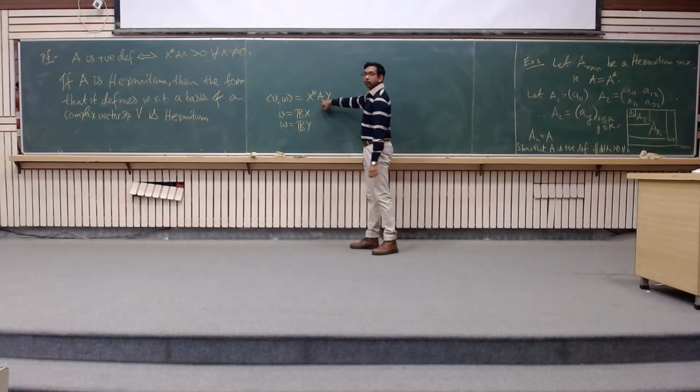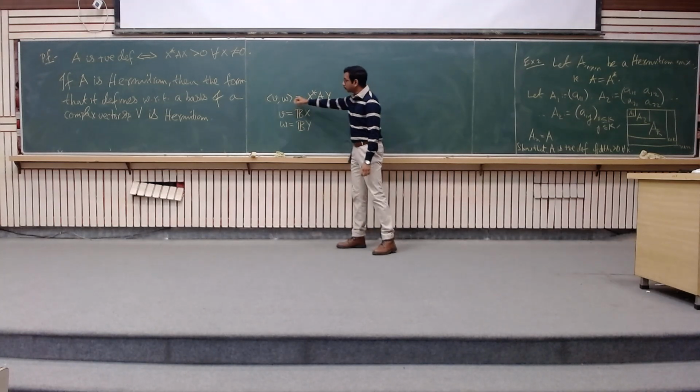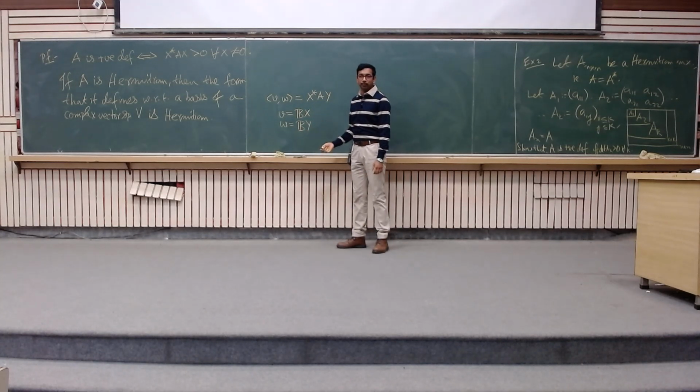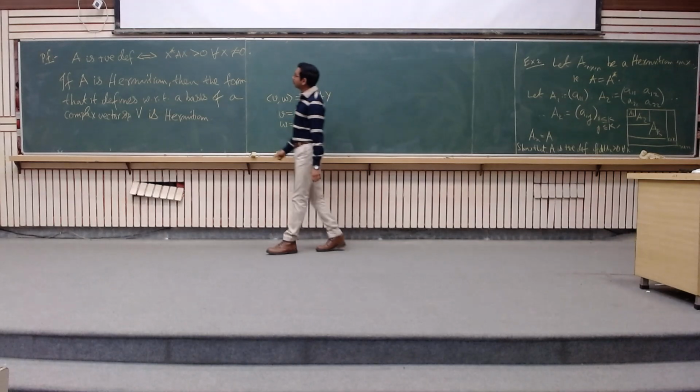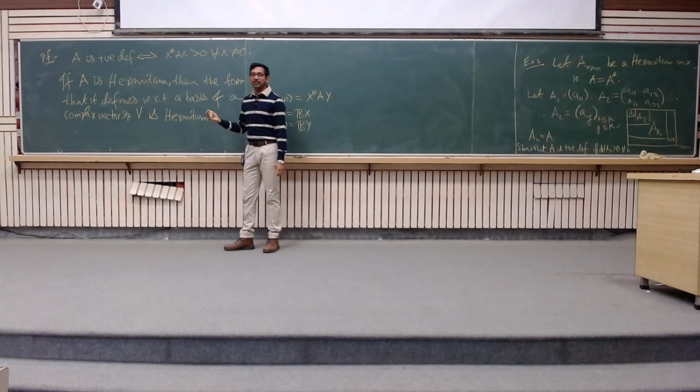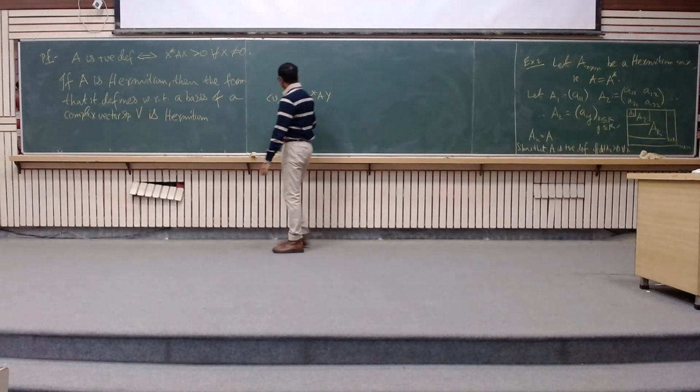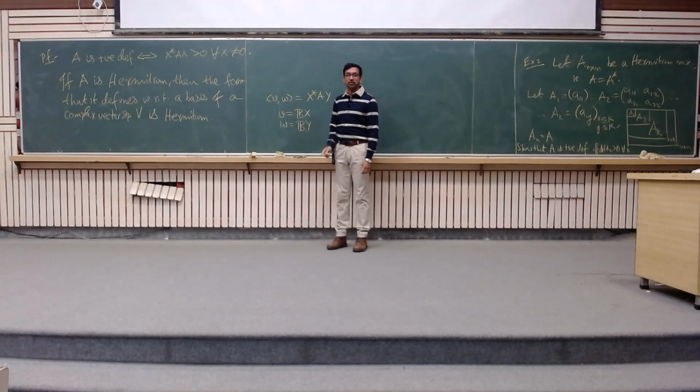So now if your matrix A is Hermitian, this form is going to be a Hermitian form. Okay? And moreover, it's given that your matrix is positive definite. So that would mean that this is not only a Hermitian form, it's a positive definite Hermitian form. Okay?